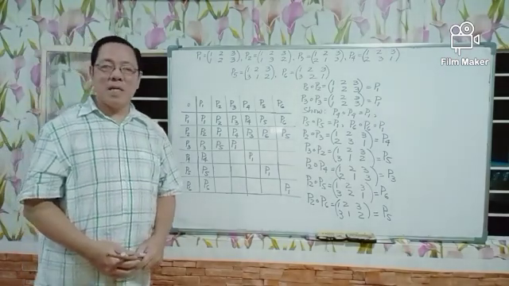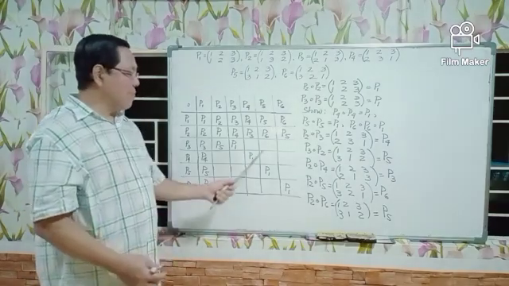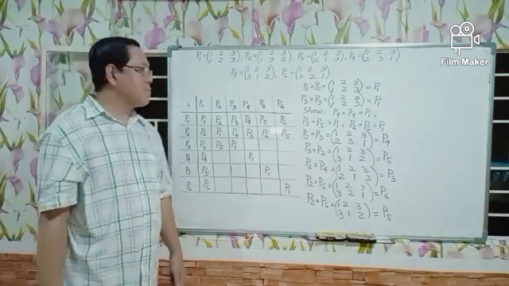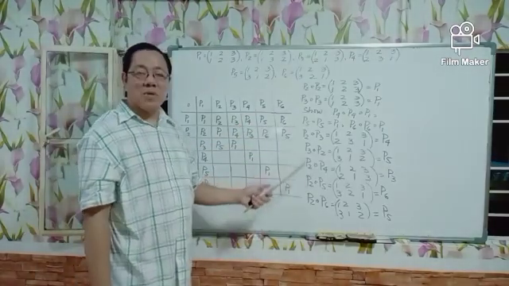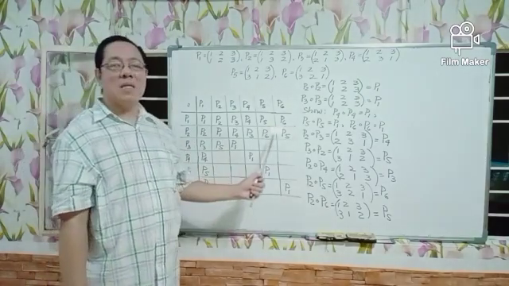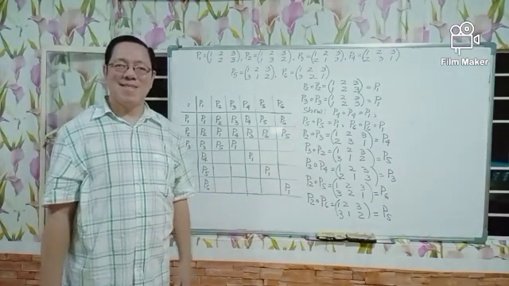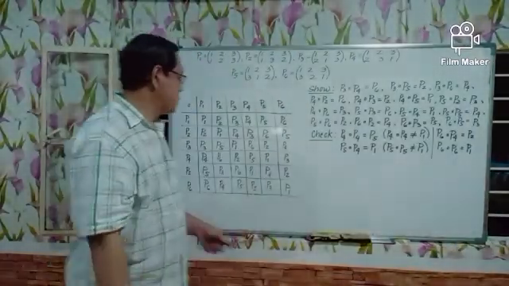And you can complete the table, fill in the vacant cells with entries in the same manner that we find the composition of two functions in this row P2. We now have the completed table.